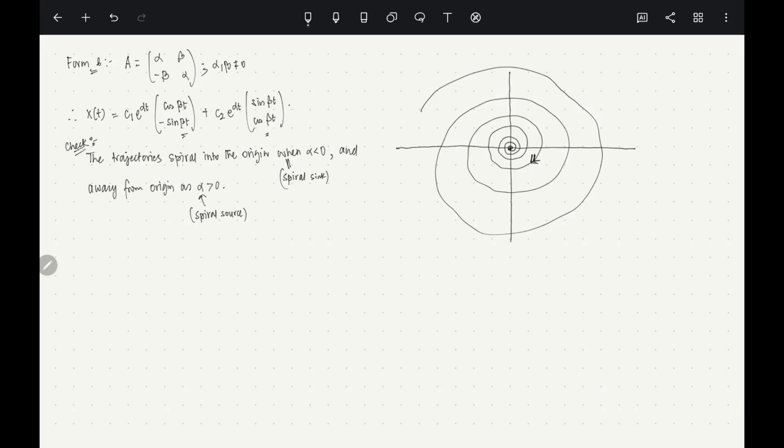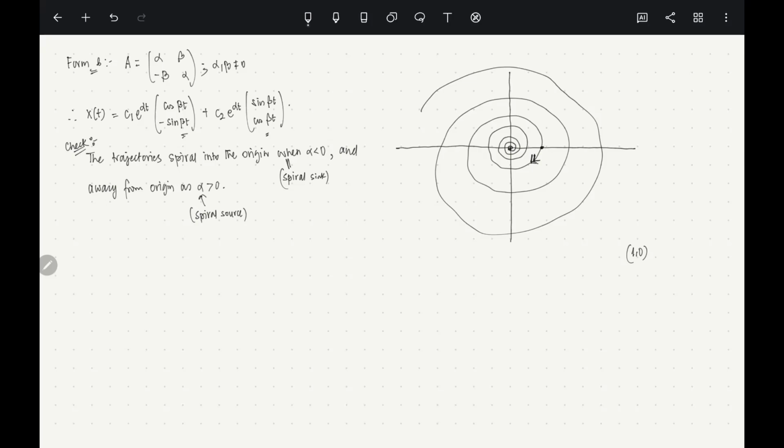Now the question is this: how do you actually figure out in which direction it is moving? What you do is, let's say you take a point on this plane. See, if you are putting it at x(t), this depends on what alpha and beta are, right?